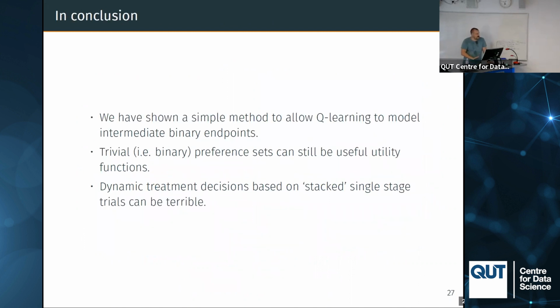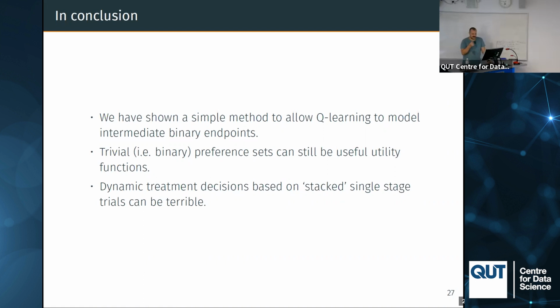So that brings me to the end. Thanks for listening to everything. The final points in summary are just that I've shown here that there's a relatively simple decision-theoretic approach to allow this Q-learning or dynamic programming to proceed with intermediate binary endpoints.